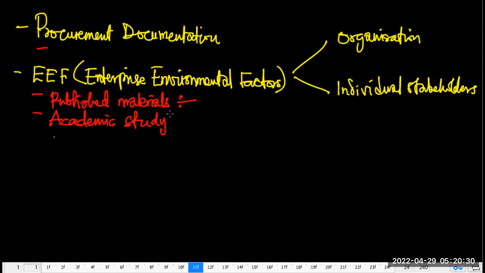So you can also make reference to those academic journals and publications that have identified risk with respect to certain related projects, and see how that can also relate to the particular project you're doing.